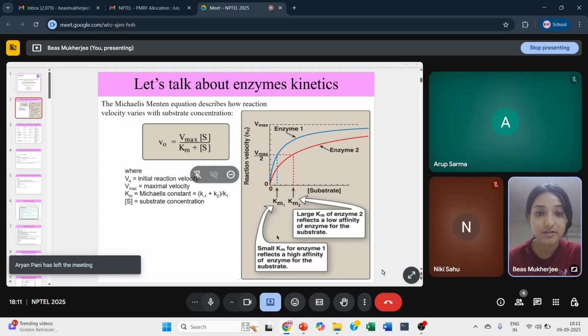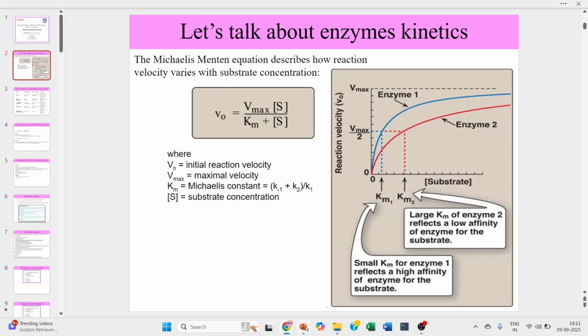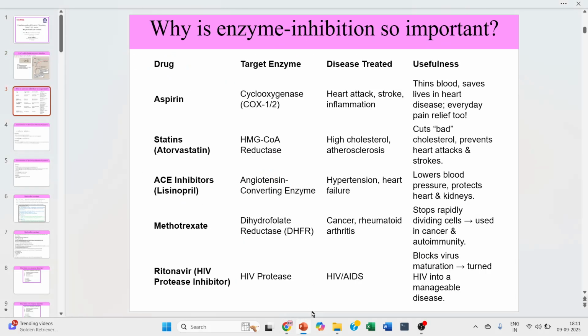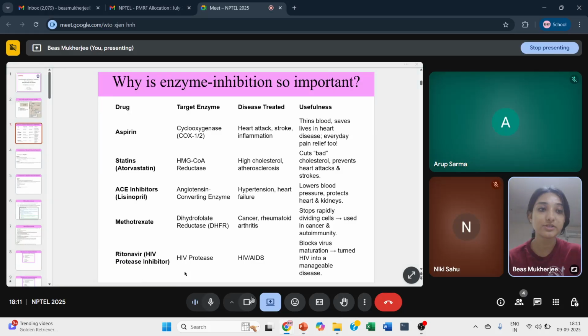All right, so now we'll move on to the next slide. As I was talking about these different drugs which are very commonly used, you might know the names of these drugs already. So all these drugs work upon the enzyme inhibition concept. That is why you understand how important this topic is for our everyday life, right? So for example, aspirin is an important painkiller, right?